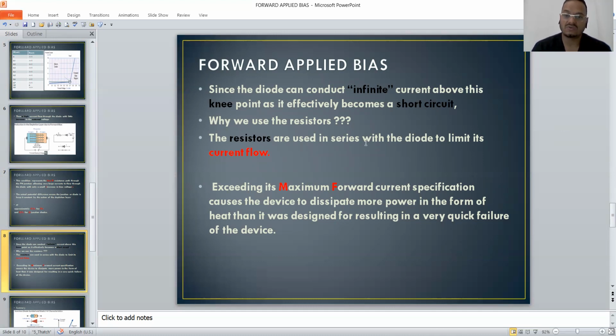Here, the resistors are used in series with the diode to put a limit on the current flow.